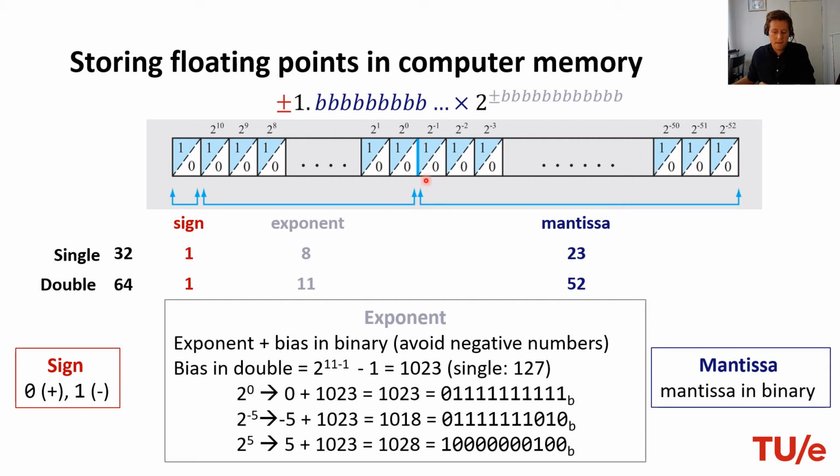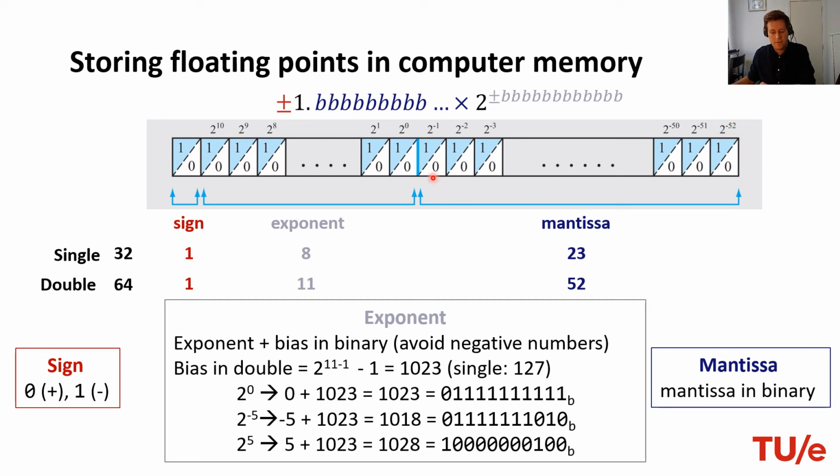The mantissa then finally is relatively straightforward. We simply store the mantissa in binary. So in double precision, we have 52 bits available for storing this mantissa, ranging from the contribution of 1/2, 2 to the power minus 1, to the contribution of a very small number, 2 to the power minus 52.